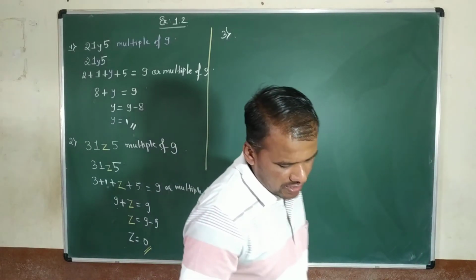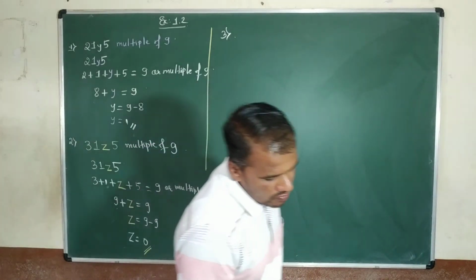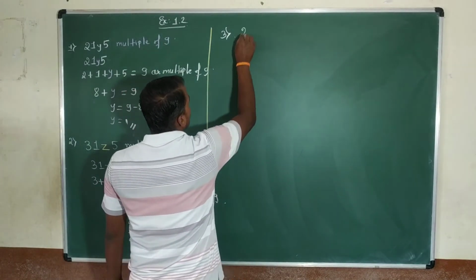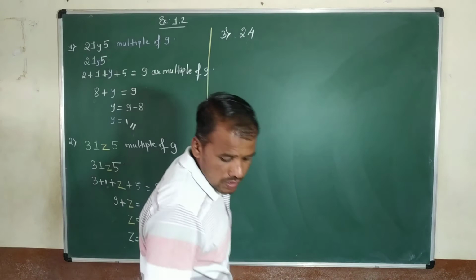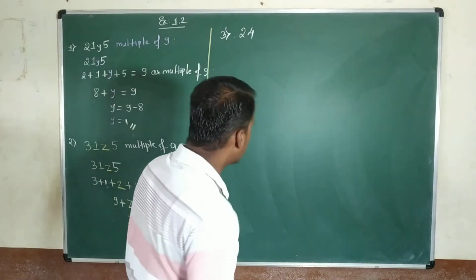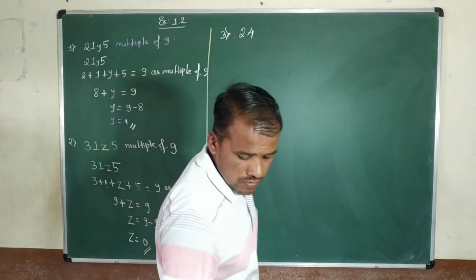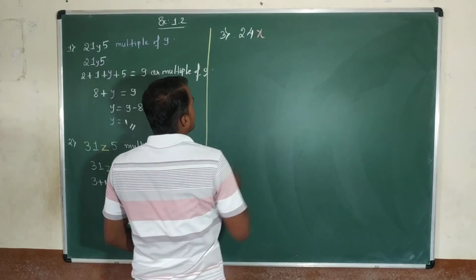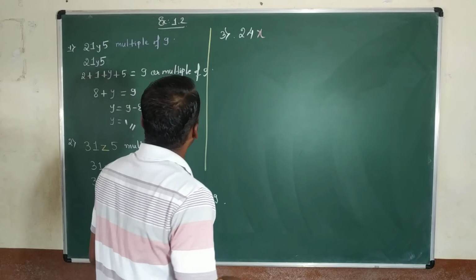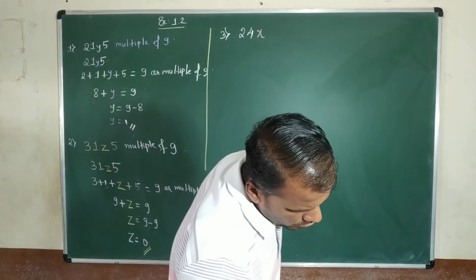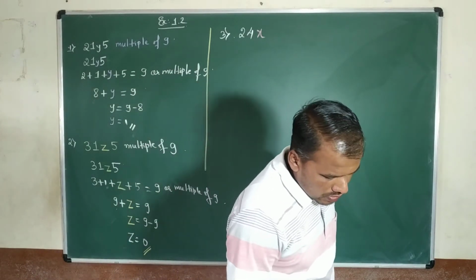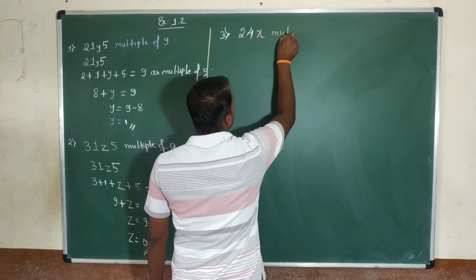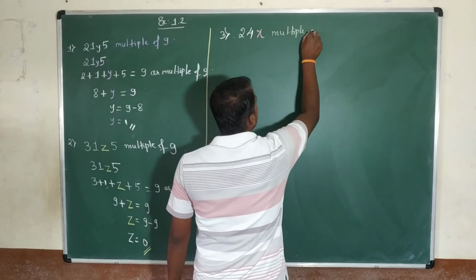Here they ask the value of x. 24x. Okay, then 24x is a multiple of 3.